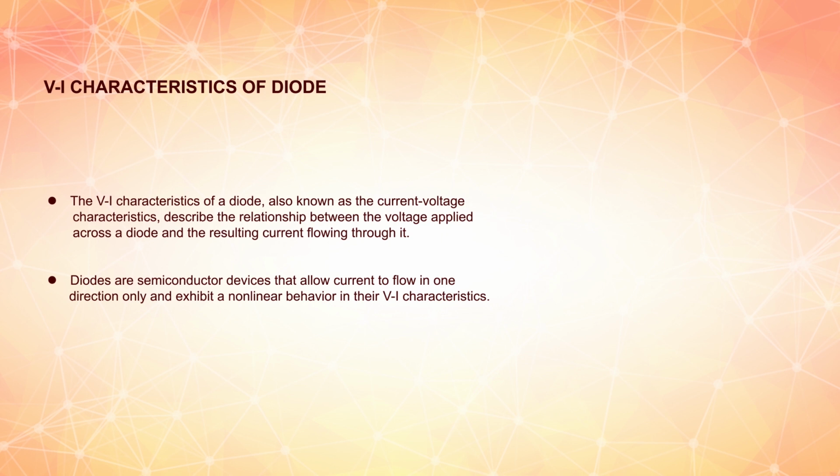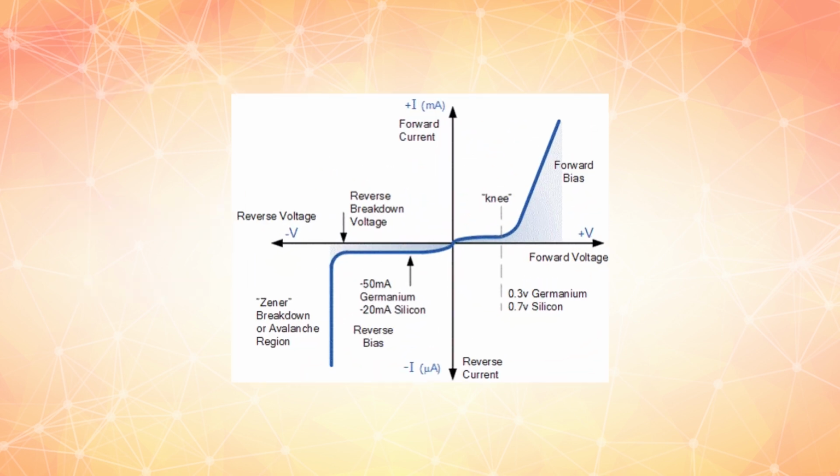It is a very important characteristic of a diode, plotted between two parameters: the voltage applied across the diode and the current flowing through the diode. Diodes are semiconductor devices that allow current to flow in one direction only and exhibit a non-linear behavior in their VI characteristics. The following figure shows the VI characteristics of a diode.